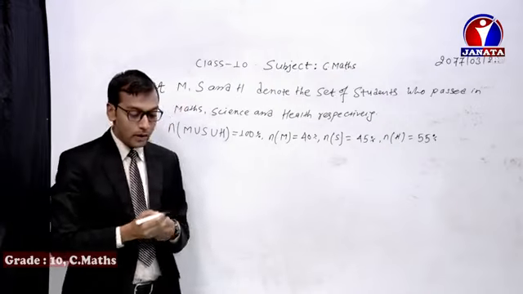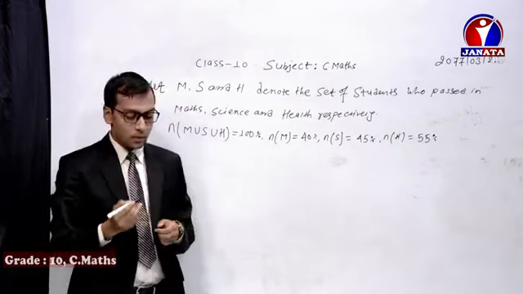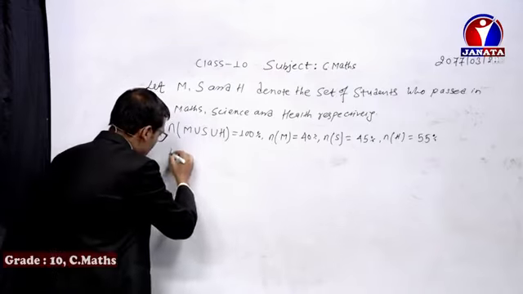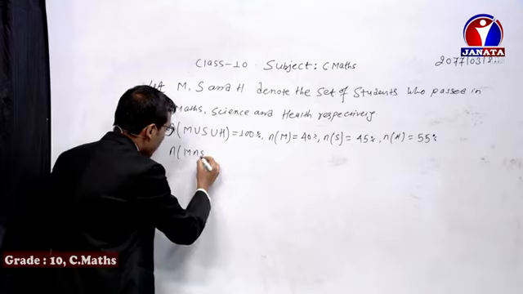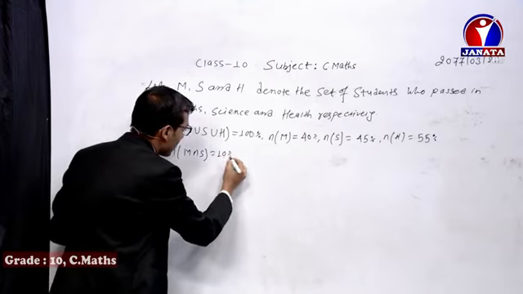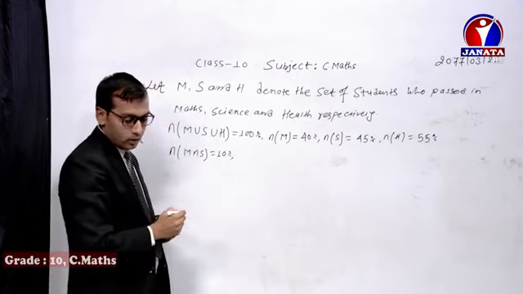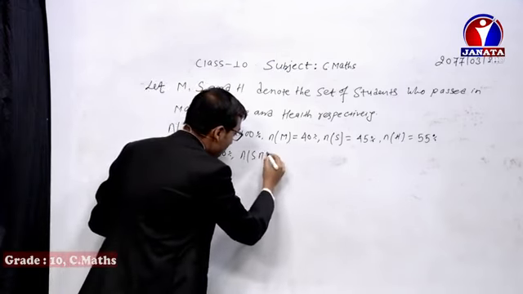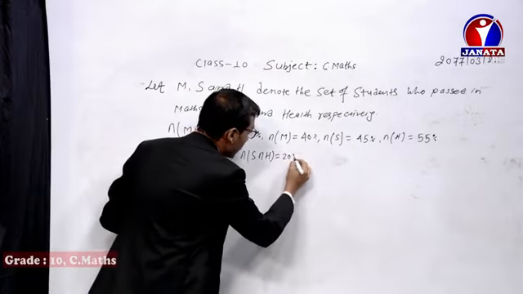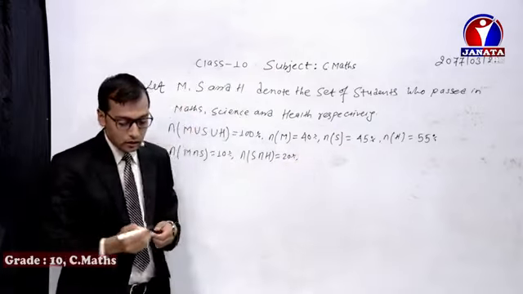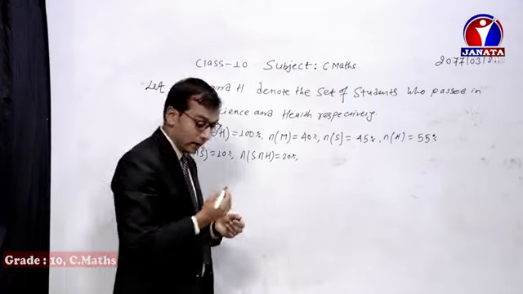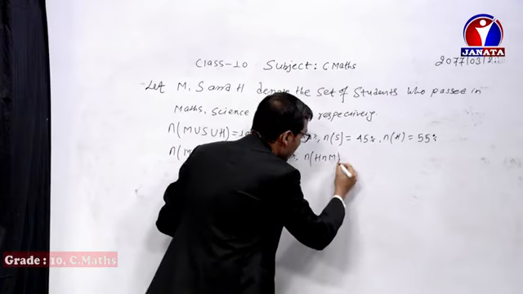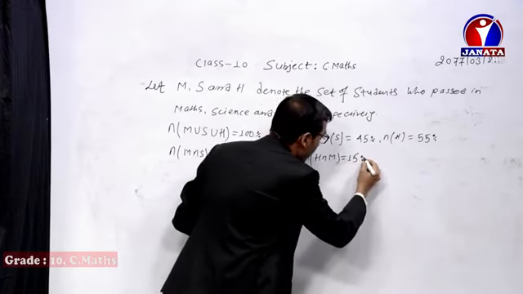If 10% passed in math and science, then 10% is the intersection of math and science. So n of math intersection science is 10%. 20% in science and health, so n of science intersection health is 20%, and 15% in health and math, so n of health intersection math is 15%.